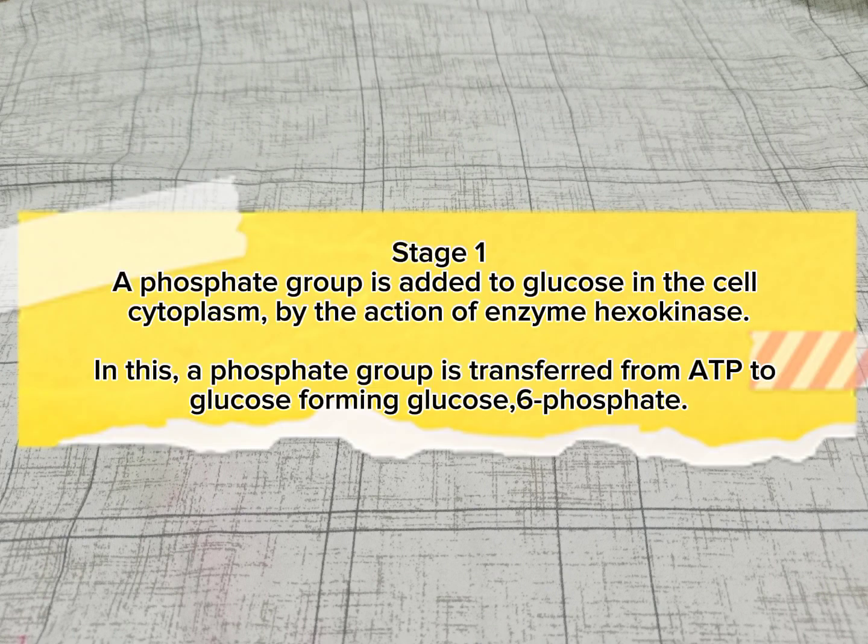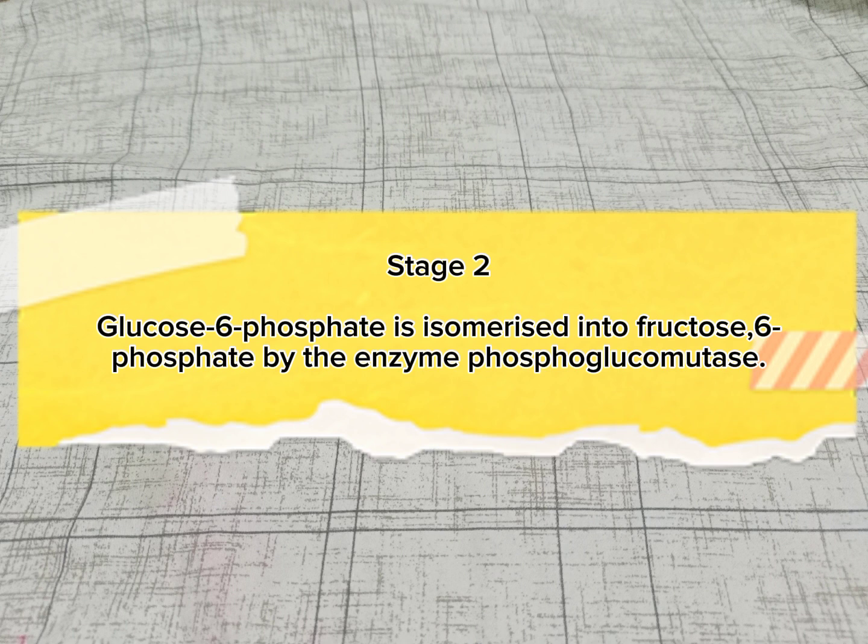Stage 1. A phosphate group is added to glucose in the cell cytoplasm by the action of the enzyme hexokinase. In this, a phosphate group is transferred from ATP to glucose, forming glucose 6-phosphate. Stage 2.